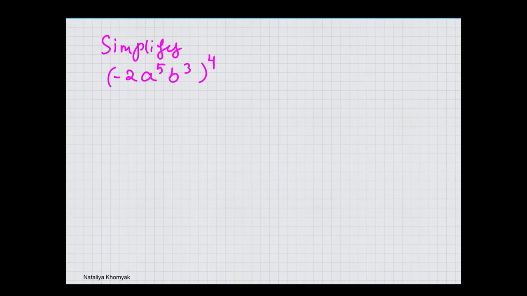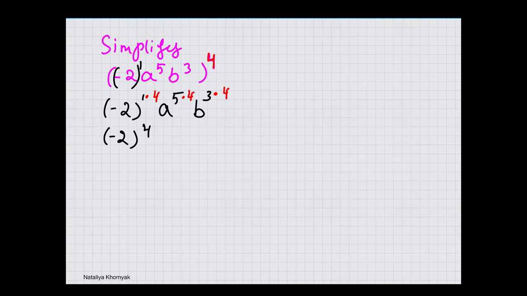Here we have negative 2, and I'm going to put it inside of the parentheses, a to the 5, b to the 3, all raised to the 4th. So we have negative 2 to the 1, a to the 5, b to the 3. Almost like distributing a coefficient. You want to copy what's inside of the parentheses. Then each of the powers gets whatever power you're distributing into it. So we have negative 2 to the 4th, a to the 20th, b to the 12th.